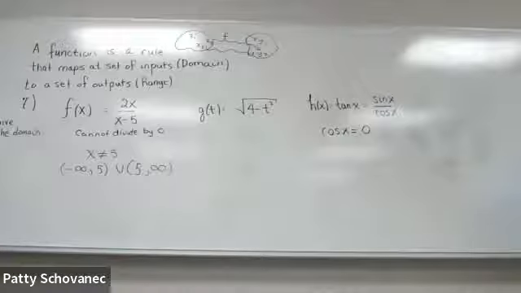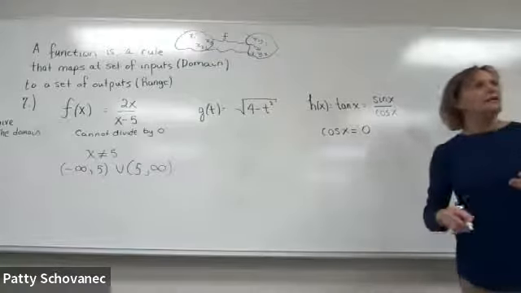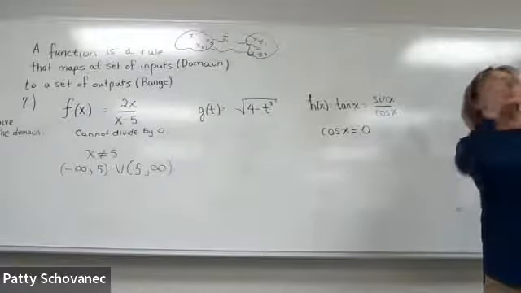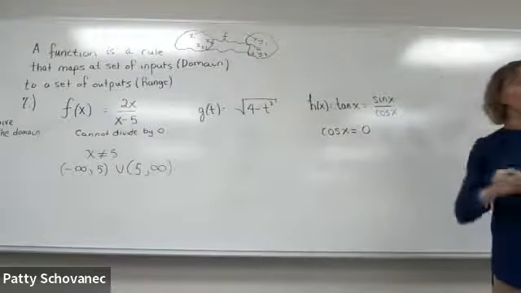Where in the coordinate plane are all the x's equal to 0? Pi over 2 and 3 pi over 2. That's right, anywhere on the y-axis. So angles that intersect the y-axis would be the 90-degree and the 270, which are pi over 2, 3 pi over 2, any of those odd multiples of pi over 2, right? Because these are circular functions and there are an infinite number of them.